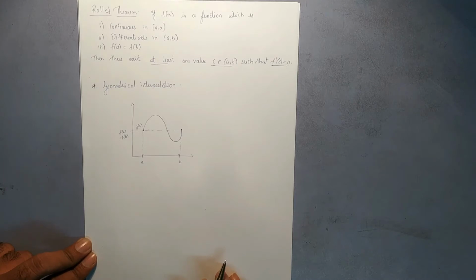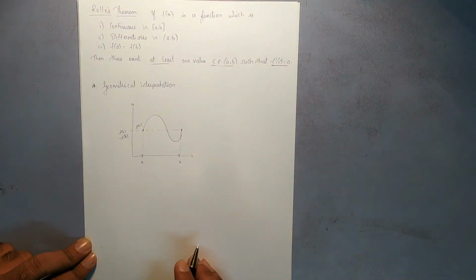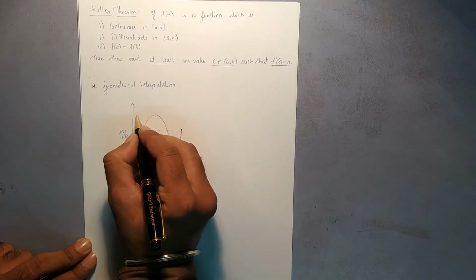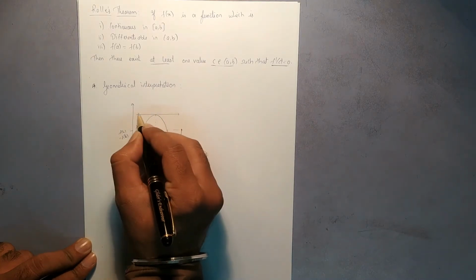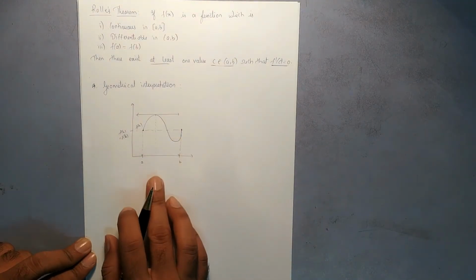So f dash of c is equal to 0 means that at that point c the slope of the tangent is equal to 0. We can see that here the slope of the tangent is equal to 0, which means the tangent is parallel to the x-axis.